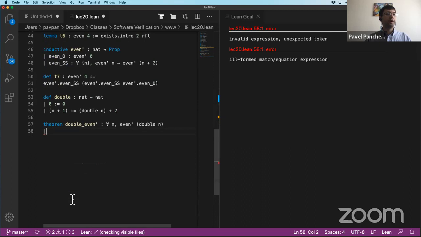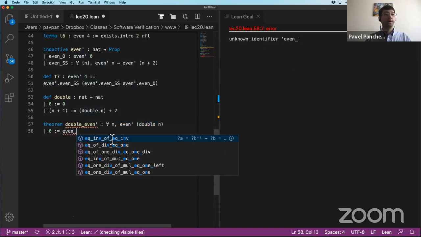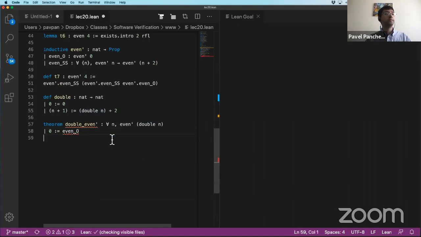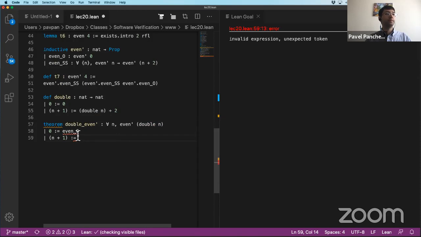So to prove this theorem, I'll say, well, in the case of 0, double 0 is 0, and that is even by even 0. And otherwise, in the case of n plus 1, double n plus 1 is double n plus 2.